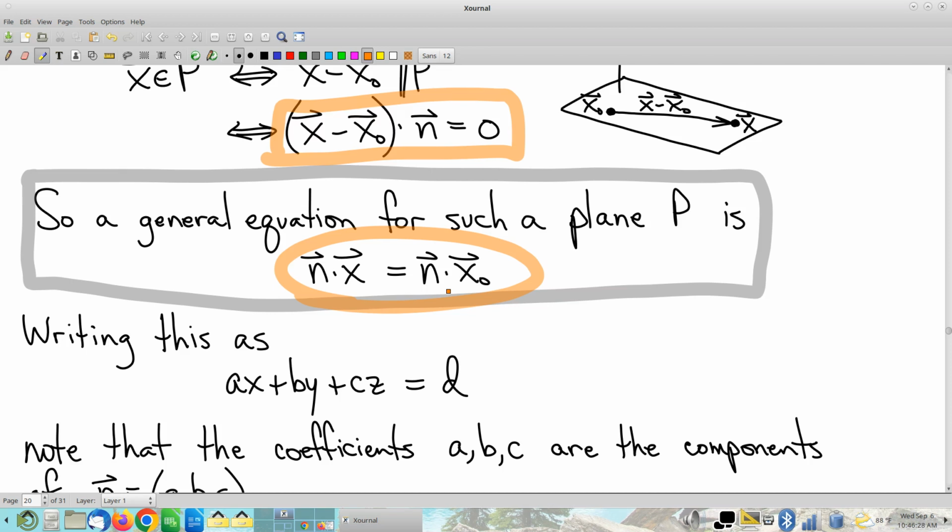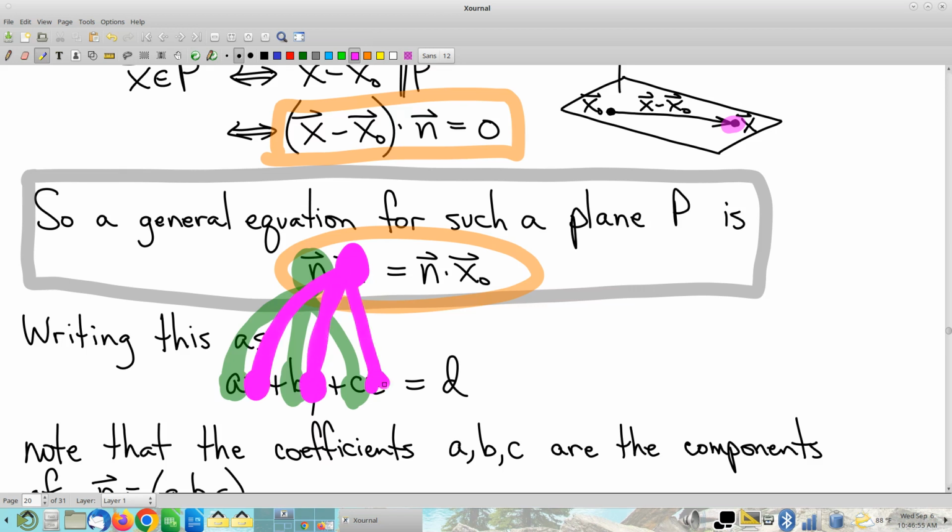All right. So this normal vector n, keep in mind that it's a vector. So it's got coordinates, and let's say for the moment that it has coordinates A, B, and C. And this point that we're trying to test, well, it's got coordinates. Typically we call them X, Y, and Z. So notice this dot product on the left, you can rewrite it as AX plus BY plus CZ.